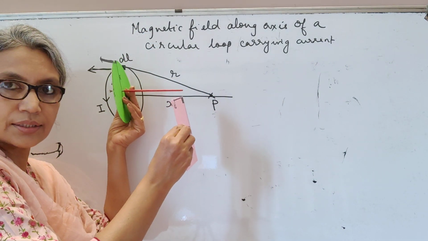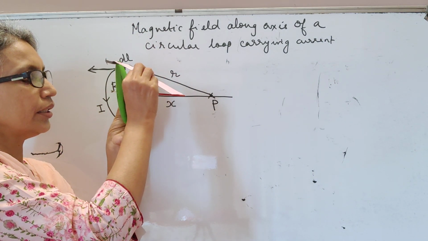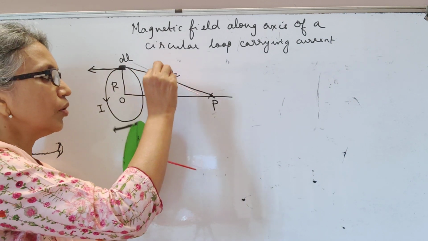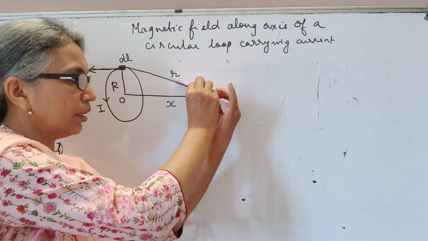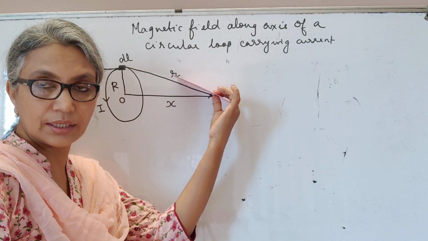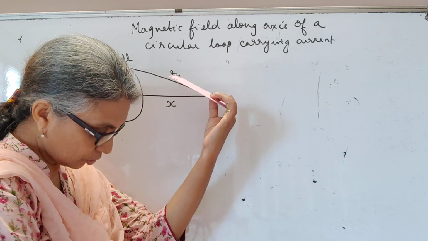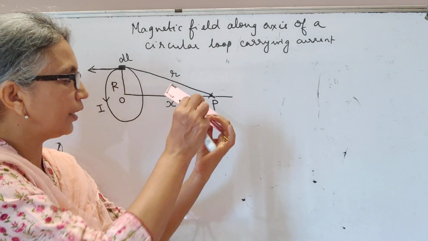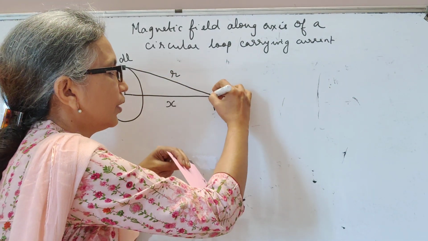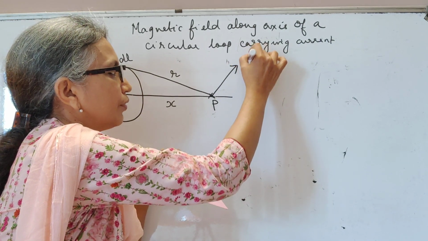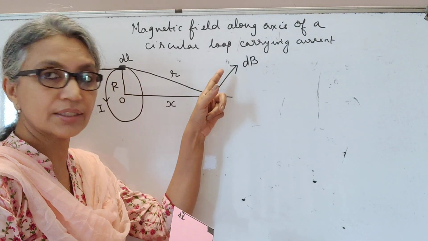So this is what we have, our circular loop. This one is the axis. Point P is at a distance x. Your dL is there, and the plane containing dL and r will be this slanting plane. Now, this is a plane containing dL and r, and your resultant dB should be perpendicular to that plane. Which means that, the plane being a slanting plane like this, dB is going to be perpendicular to that plane, and that is why we will have dB in this manner. I hope it's clear to all of you why dB has taken this direction.